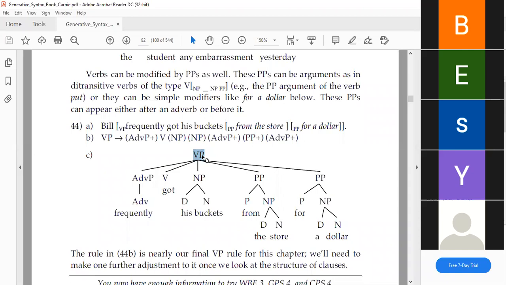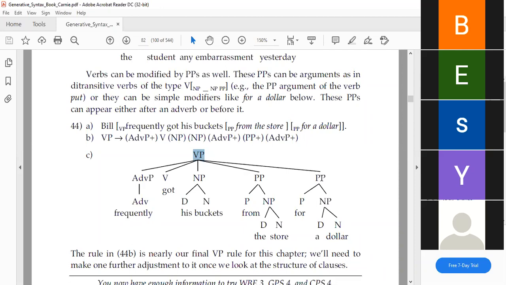Remember in the NP rule, we said we can have optional D, then optional HP plus, then obligatory N, and then optional PP plus. So the PP is what we call shared: it can be under the NP and it can be under the VP.